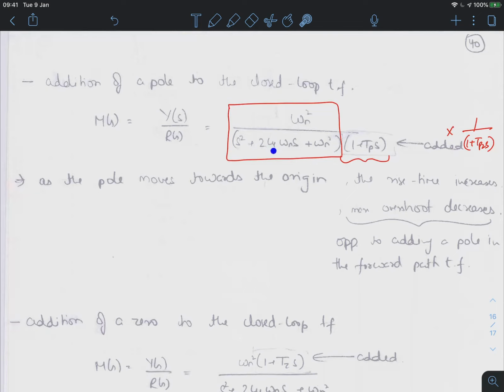Now in this expression, if I am only concerned with the damping term, it would be 2 xi omega n, this is the s term, multiplied by this one, and we would have omega n square tp.